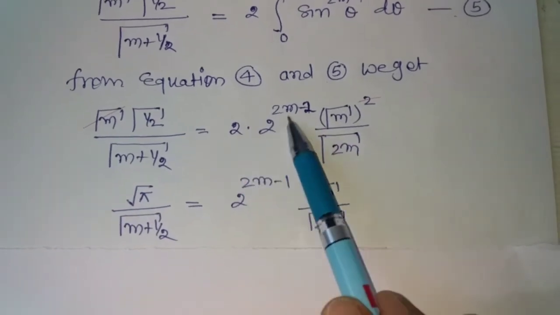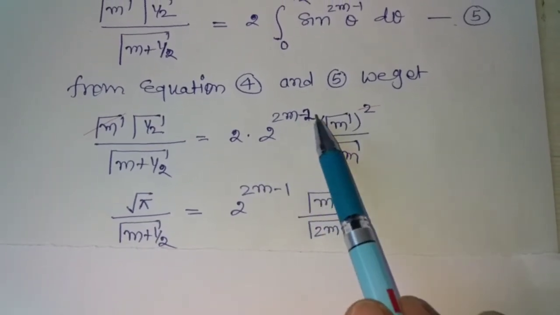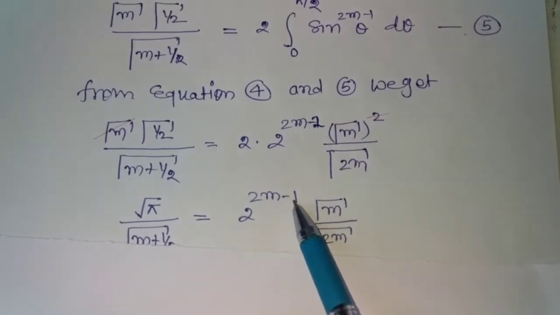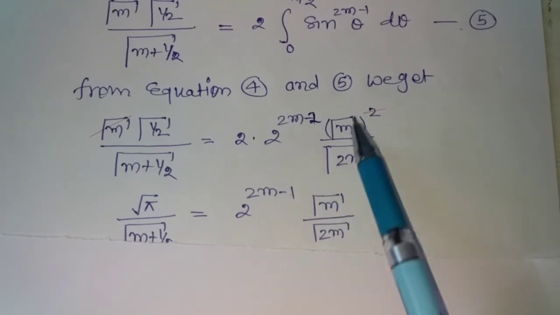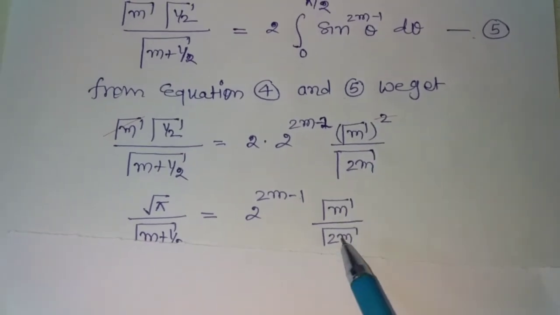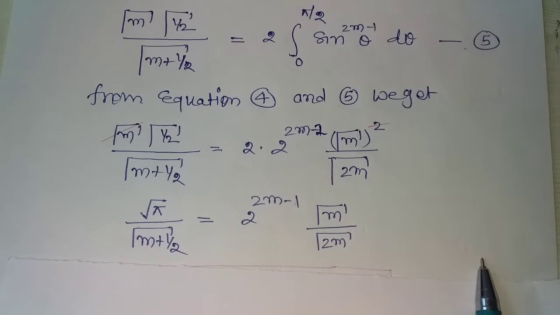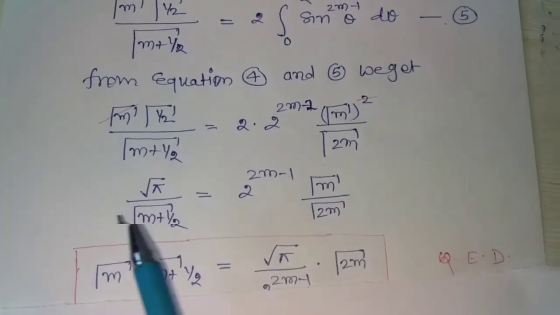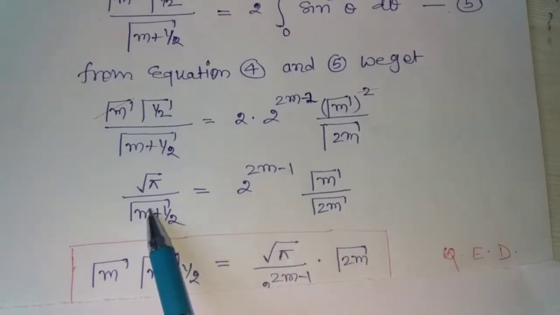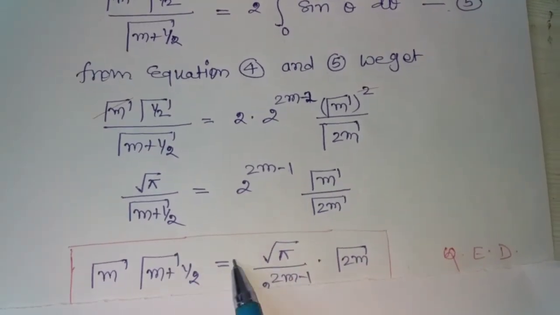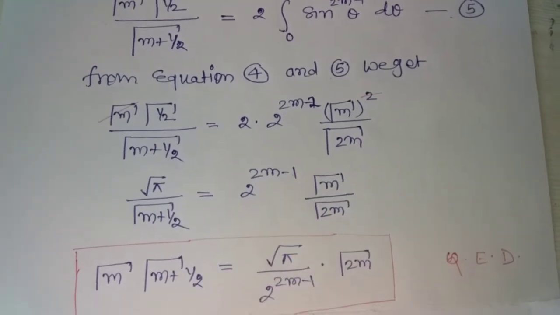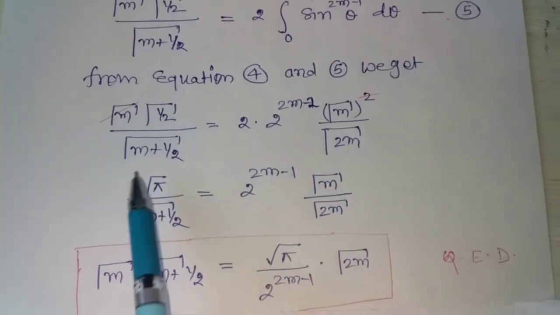So in multiplication we add the powers, so we get 2 raised to 2m minus 2 plus 1. So finally we get 2 raised to 2m minus 1 into gamma m, the power 1 is cancelled, upon gamma 2m. Now cross multiply this, we get gamma m into gamma m plus half equal to root pi upon 2 raised to 2m minus 1 into gamma 2m.